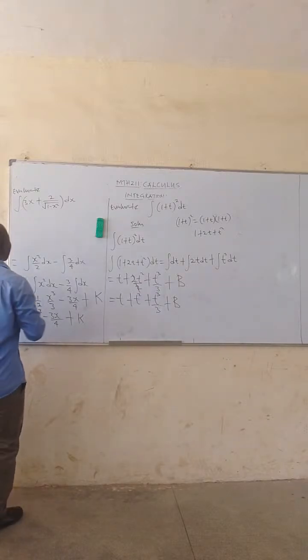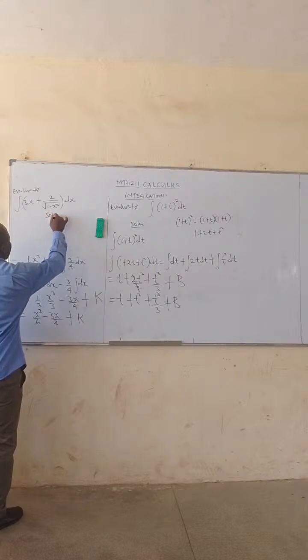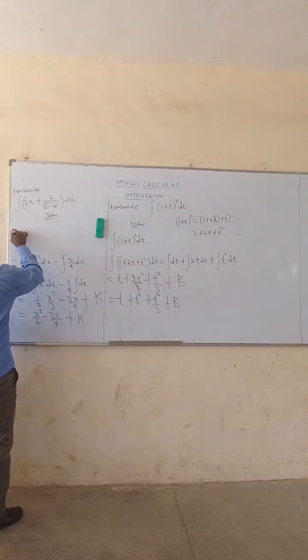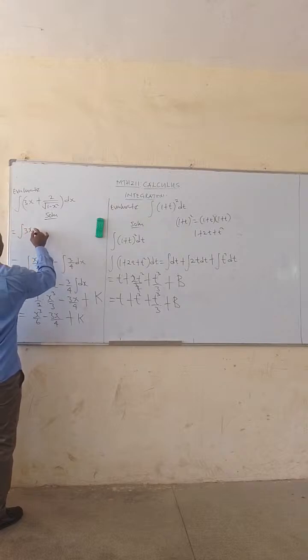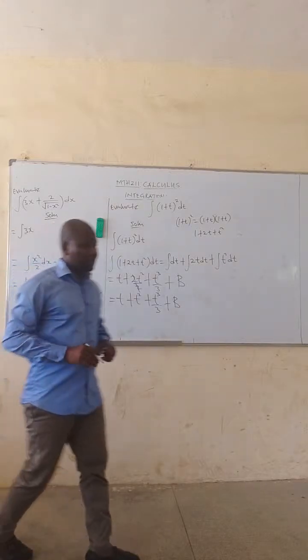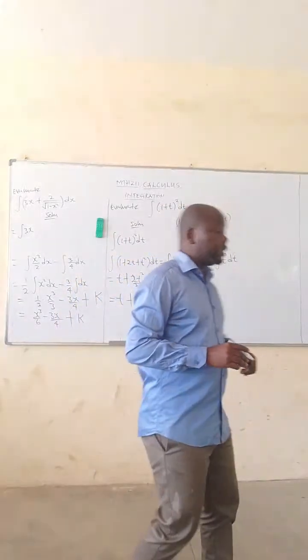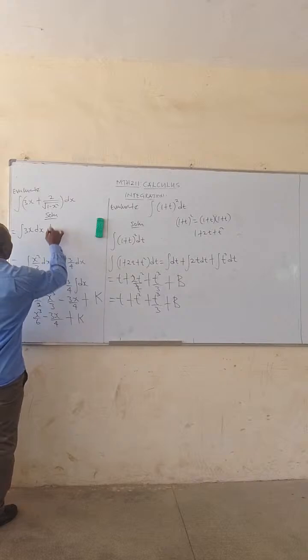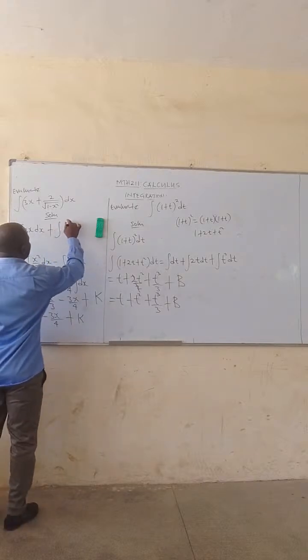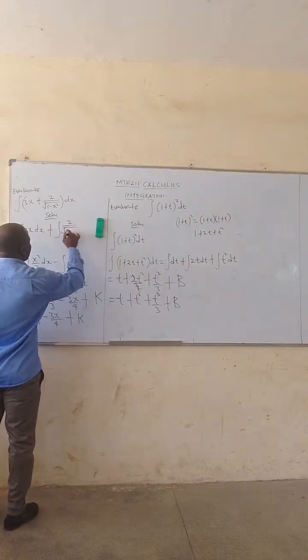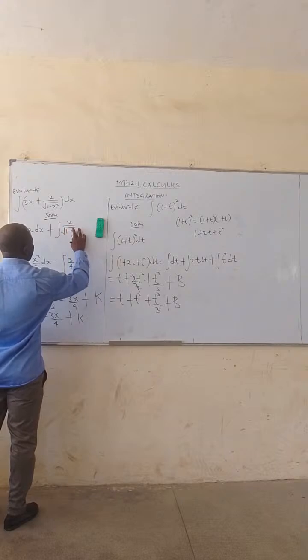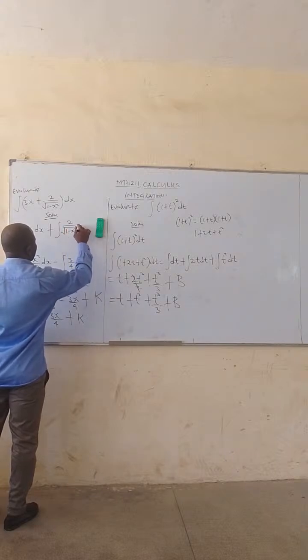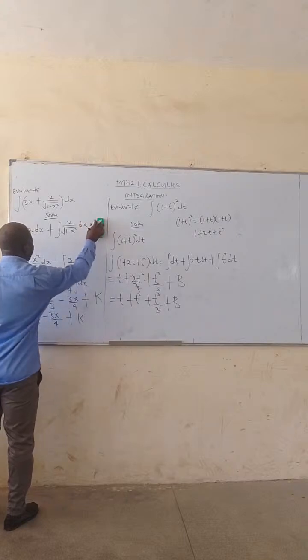So now what we need to do, we write the solution, right? This is the same thing as the integral of 3x dx plus the integral of 2 all over the square root of 1 minus x squared dx, right?